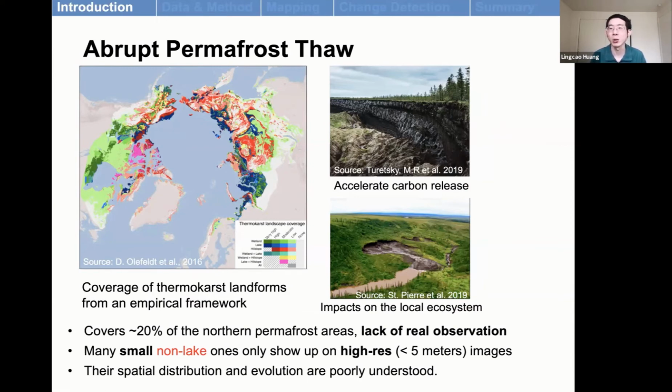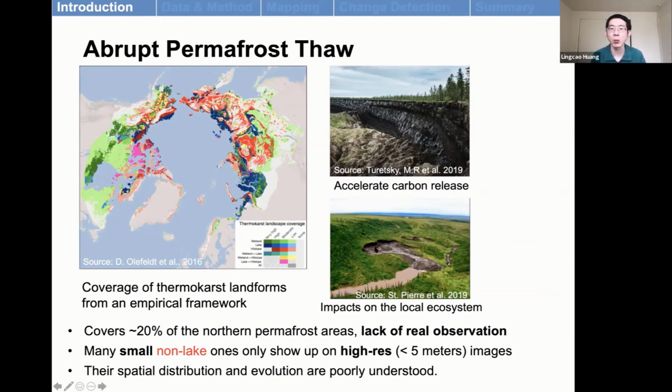From this paper, they use an empirical model, considering the permafrost zone, vegetation, topography and many factors, and they estimate that in the Arctic, 20% of the permafrost region will be affected by thermokarst.